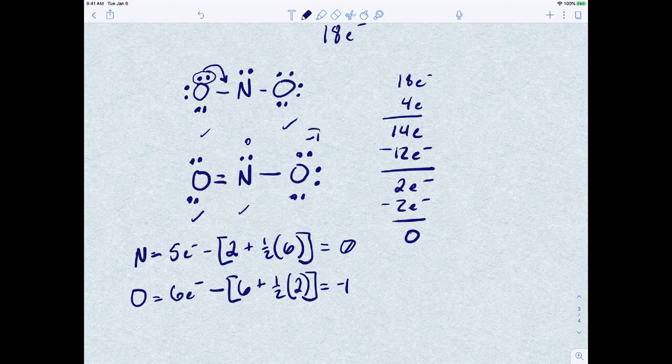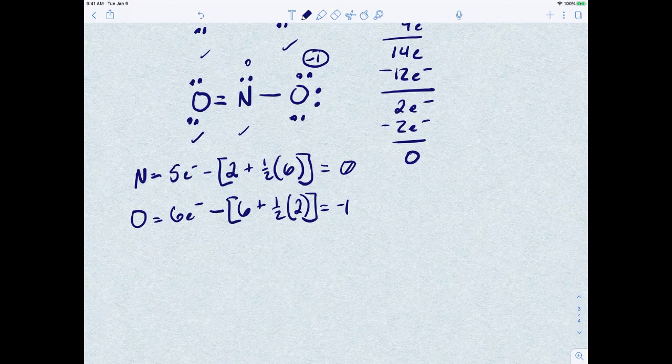So that's where the negative charge is on your ion. This is kind of cool. You can actually pinpoint which atom is going to carry the negative 1 charge. Very cool stuff.